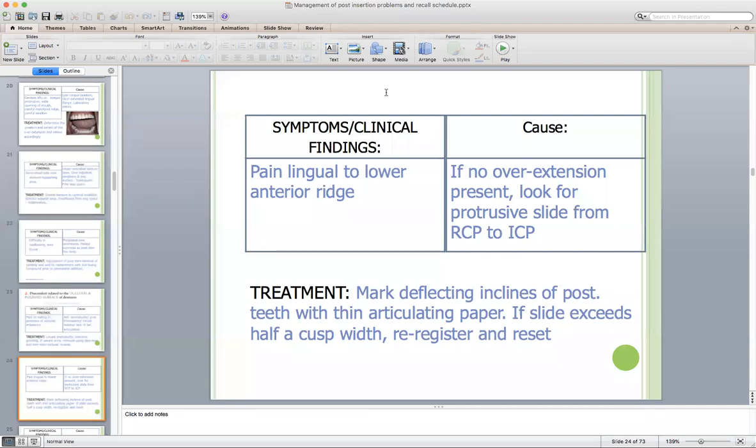Mark deflecting inclines of posterior teeth with thin articulating paper. If the slide exceeds half a cusp width, then re-register and reset. That is, we have to re-register and reset our teeth arrangement.